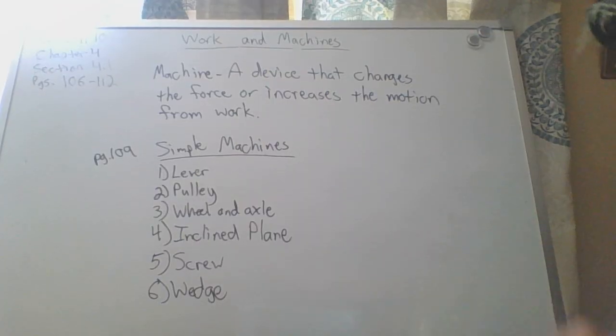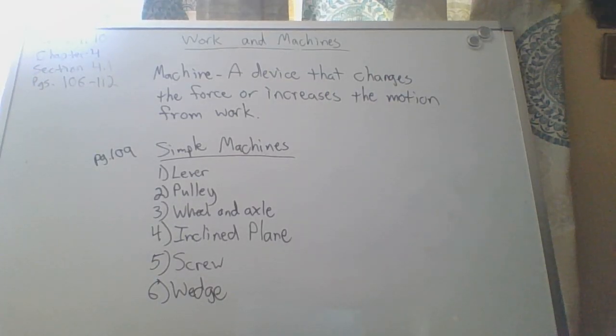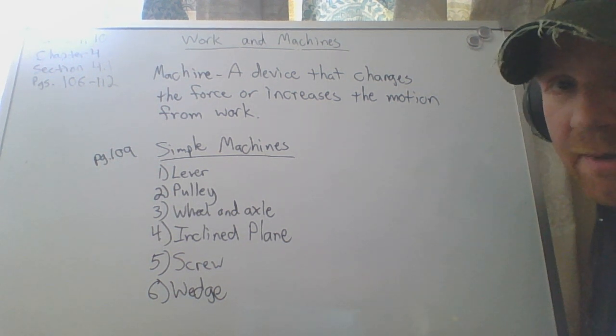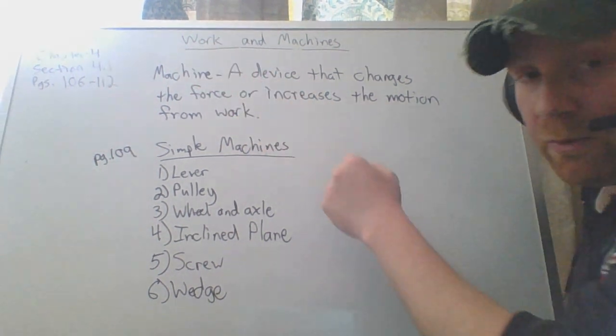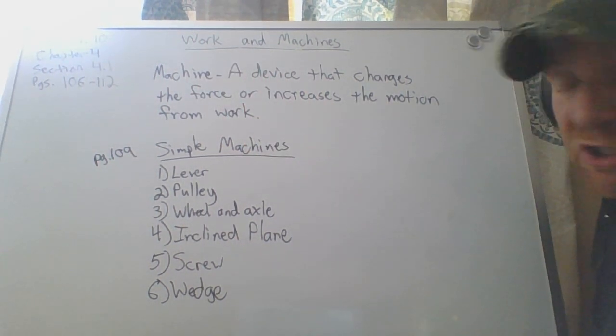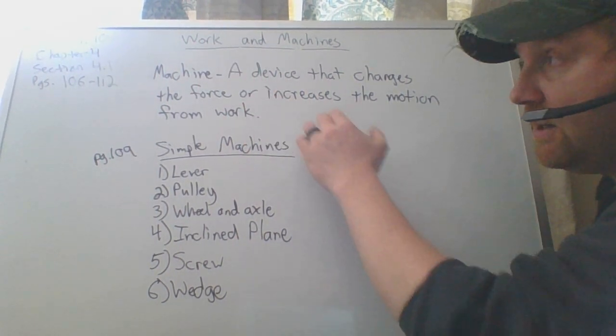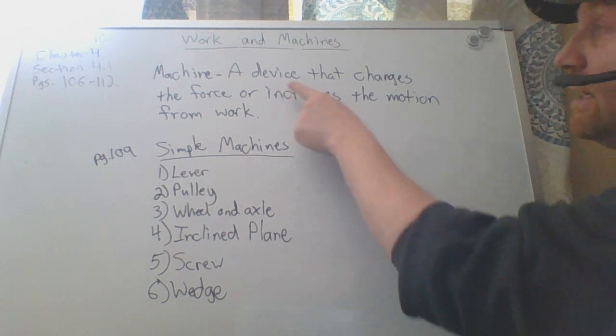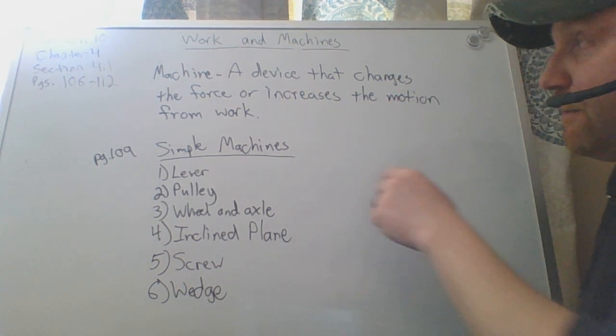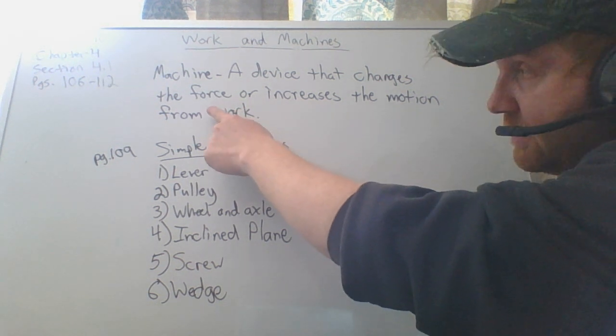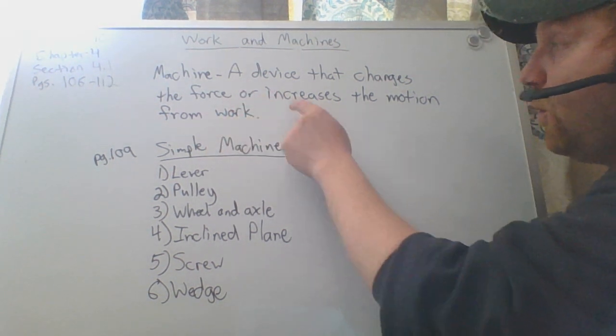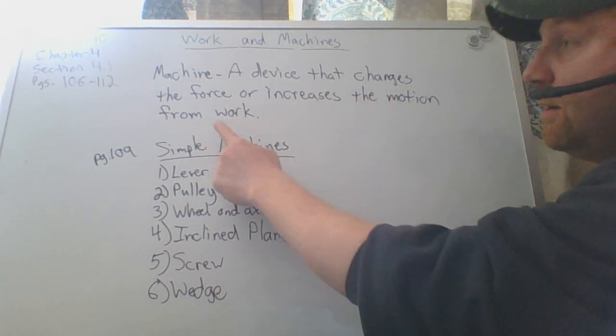We're about to talk about machines and how they help out with work. So now that we've described work and how it equals force times distance, what's the definition of a machine? A machine, according to your textbook, is a device that changes the force, or increases the motion, from work.